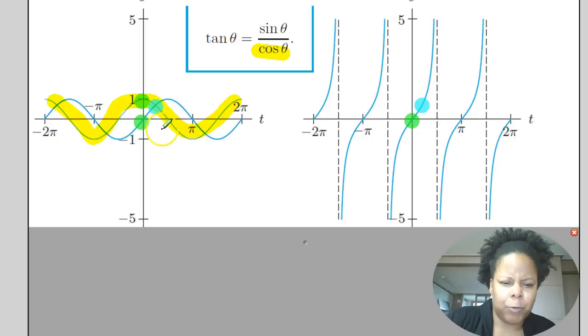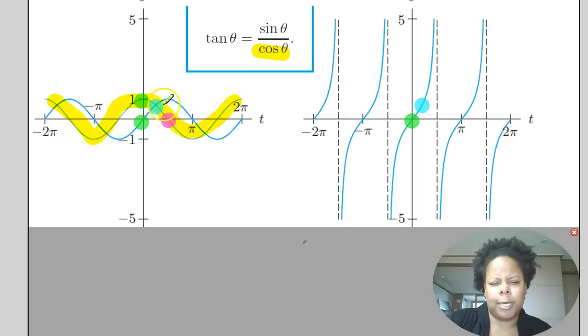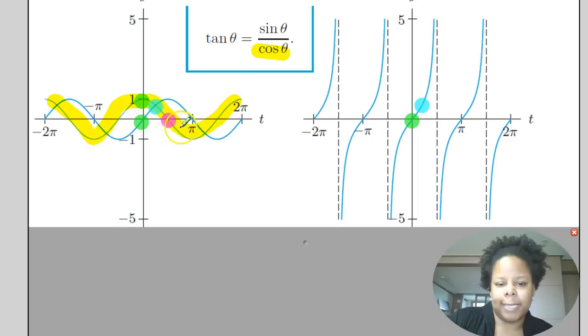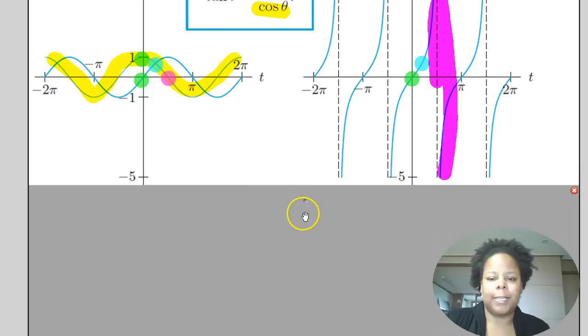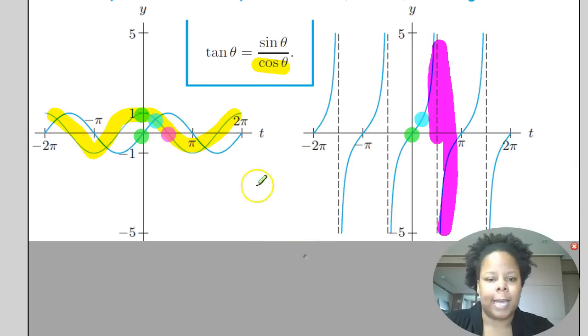But when we get to pi over 2, cosine of theta is 0, but that's in our denominator, and we can't have a 0 in the denominator. So for sine theta over cosine theta at pi over 2, we're going to have a vertical asymptote right at that spot. That occurs every 180 degrees, or every pi.